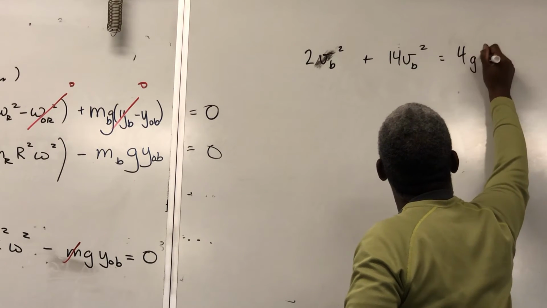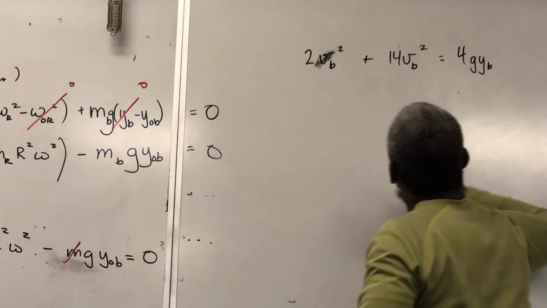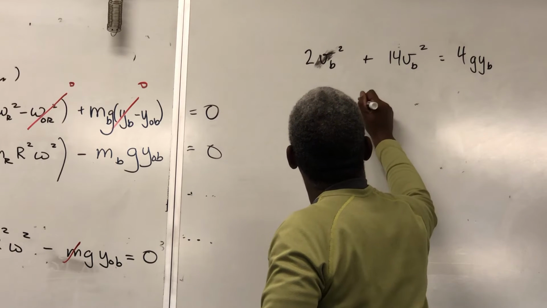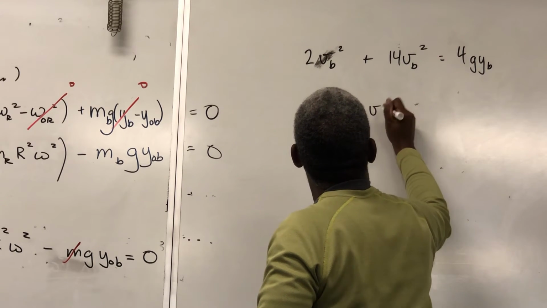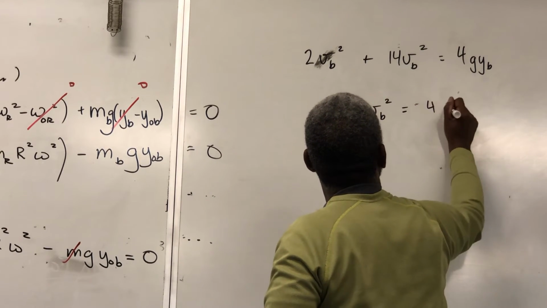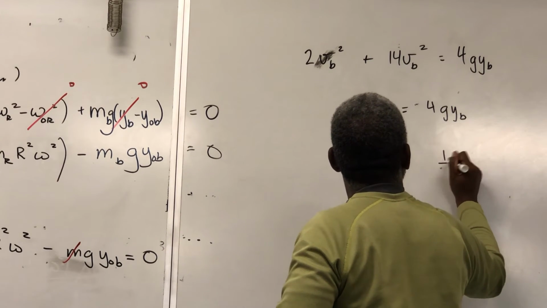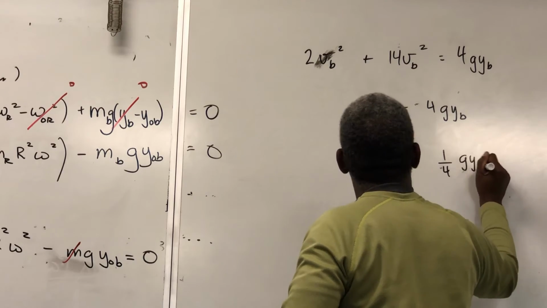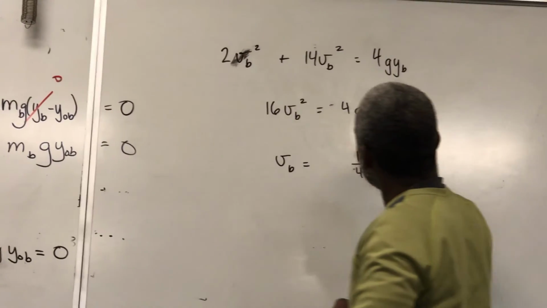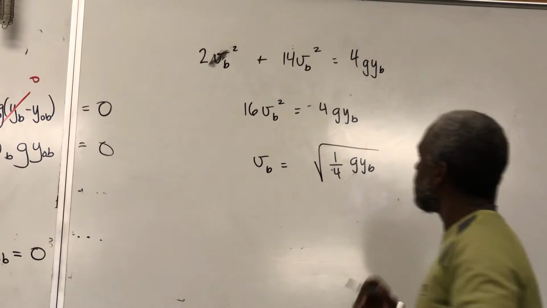It's just algebra. We'll just do some more steps. So this is just 16 VB squared is equal to 4GYB. So VB is equal to the square root of 1/4 GYB. I just divide it through by 16, and take the square root of that.